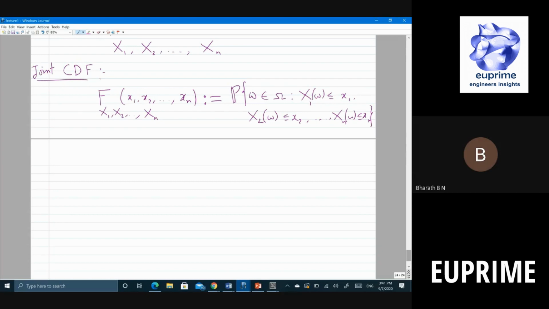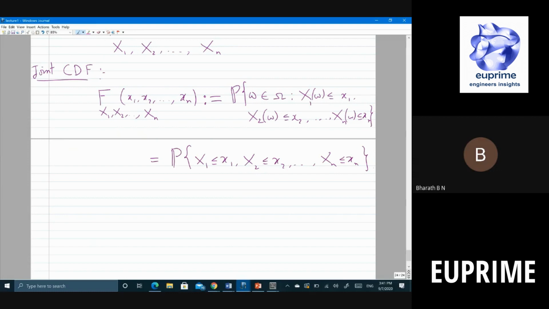I can write this in a simple short form as X1 less than or equal to x1 and X2 less than or equal to x2 and so on, Xn less than or equal to xn. This is the shorthand notation for the joint CDF.